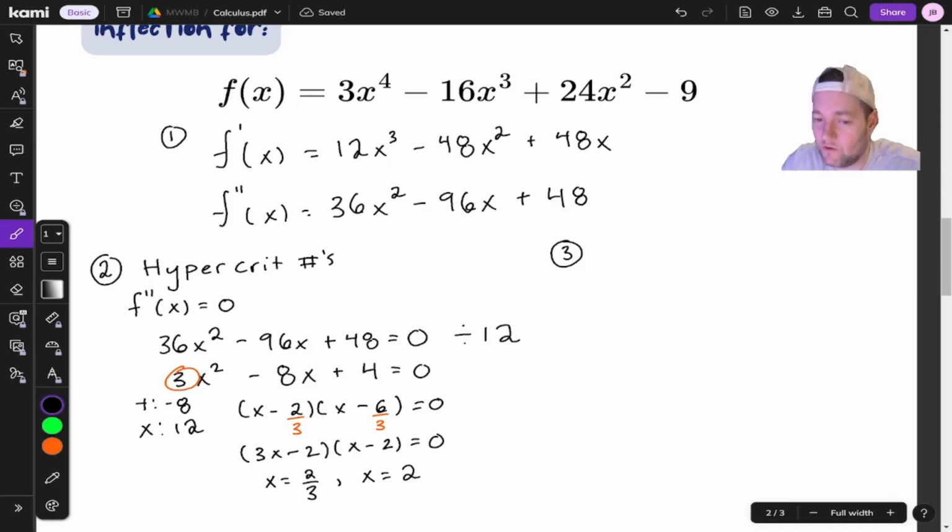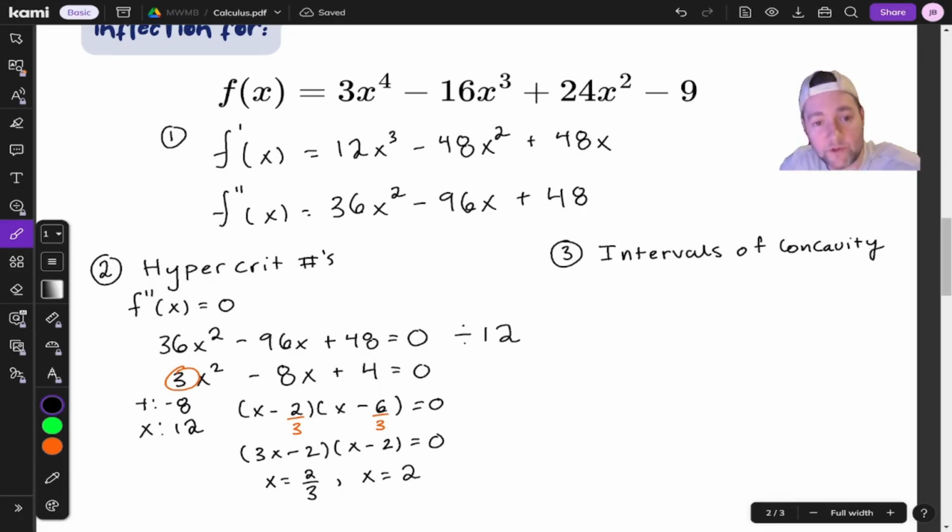Once we get that done, we get our numbers. What we want to do is a number line to get our intervals of concavity. So remember that points of inflection is where we have a change in concavity. Those hypercritical numbers are where the changes are possibly going to occur.